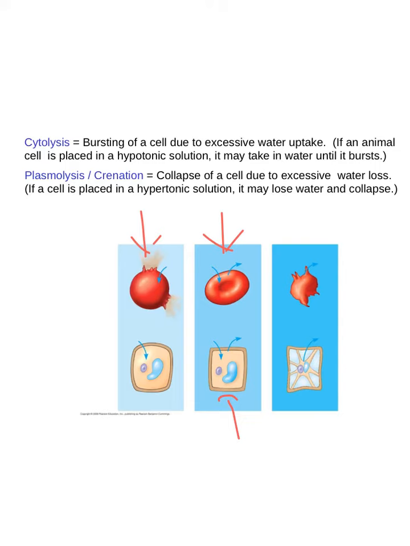Cytolysis is unlikely to happen in a plant cell because, remember, plant cells have that cell wall that surrounds them. So imagine taking your water balloon and inflating it, but having the balloon encased in a box. The walls of the box keep the balloon from popping.